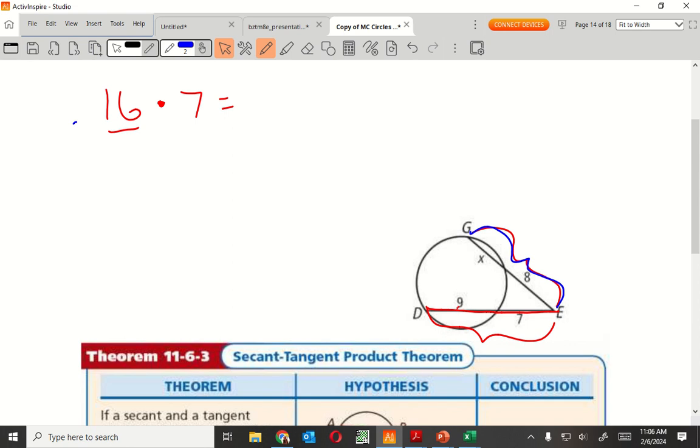So it's going to be 8 plus X. So the whole thing is 8 plus X. All right, and then it's going to be times the outside, which is just this piece here, times 8.